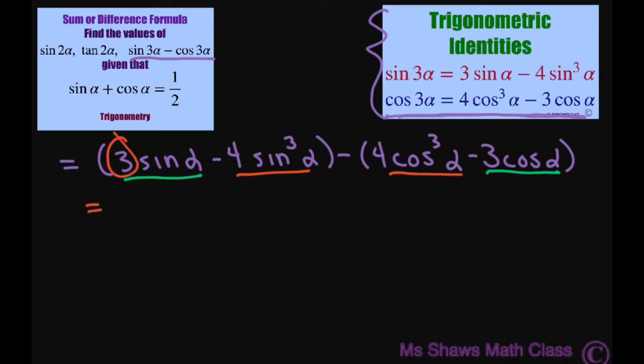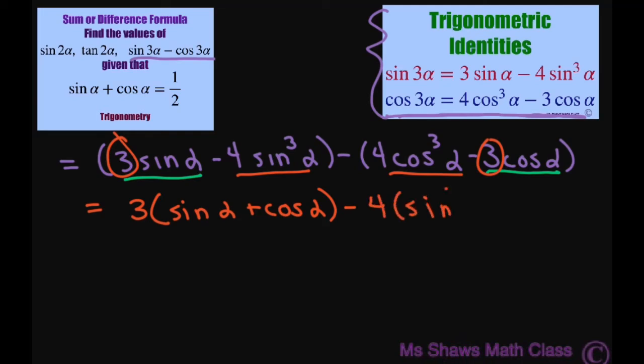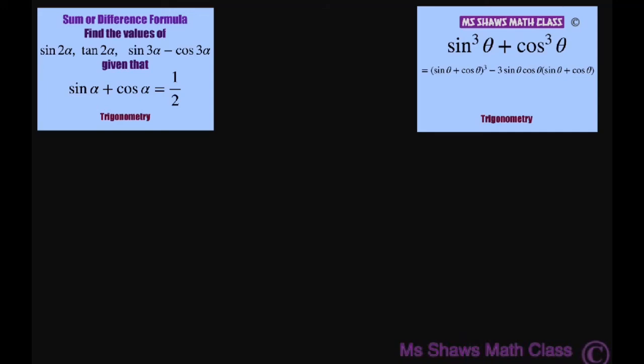Also, my linear terms both have a 3, so I'm going to factor out a 3. I'm going to get sine of alpha plus cosine of alpha minus 4 times sine cubed of alpha plus cosine cubed of alpha. All right, now that we have that, we're going to rewrite this. Okay, and that is based off this identity, which I also did a video on.